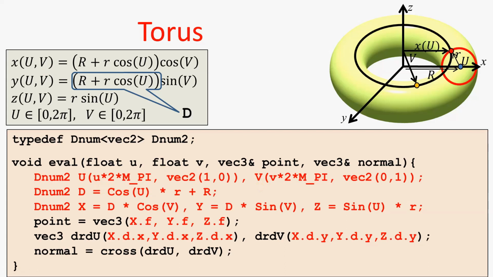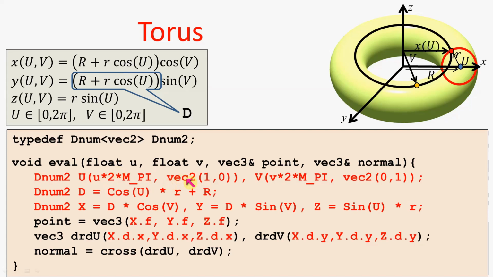The derivatives will also be needed, so these parameters will be dual numbers with two derivative values. When U is initialized, its value is u times 2 pi and it has two derivatives. The first derivative of U with respect to the first derivation variable, which is u, is 1.